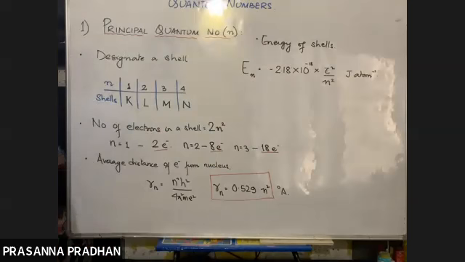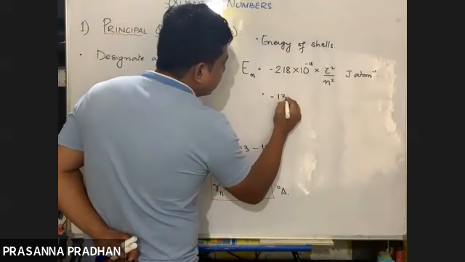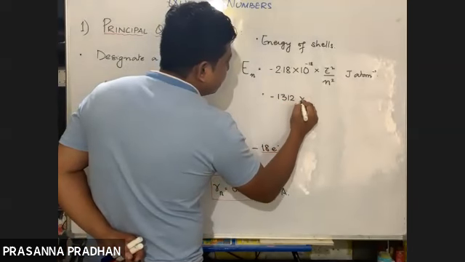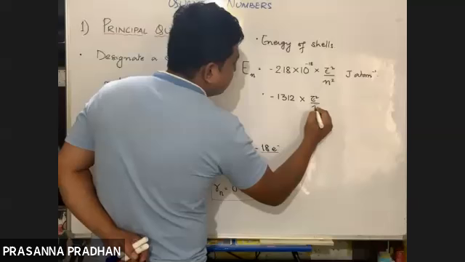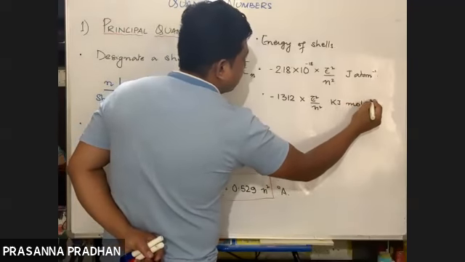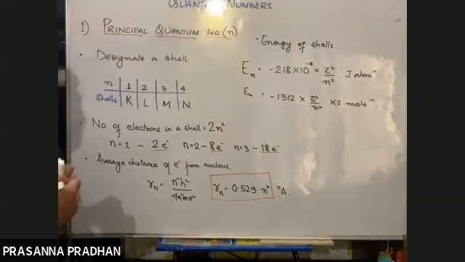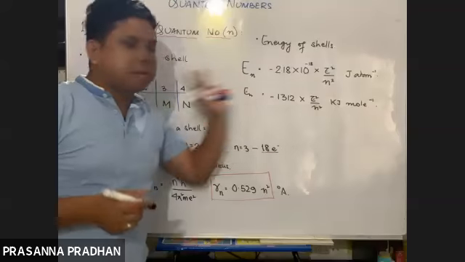So we have done all these things. In kilojoule per mole, what was it? Minus 1312 into Z square by n square kilojoule per mole. So these were the formulas for calculating the energy. What was Z? Z was the atomic number.